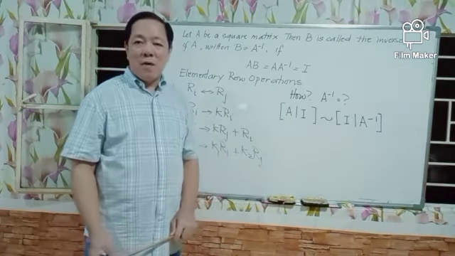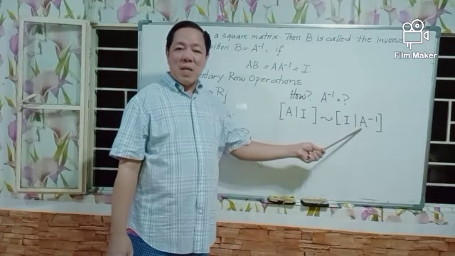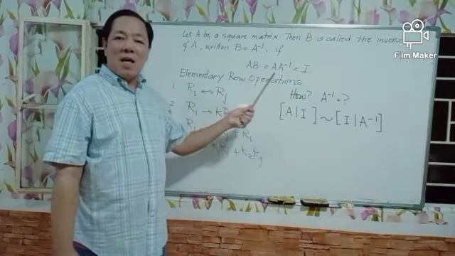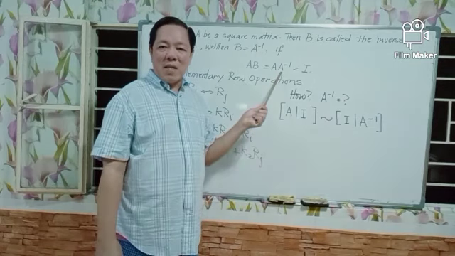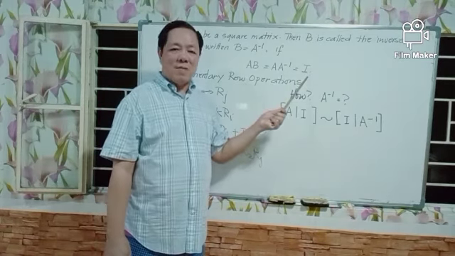And to check if the obtained inverse matrix is correct, we simply multiply the given matrix A by the inverse matrix obtained, and the product should be the identity matrix I.